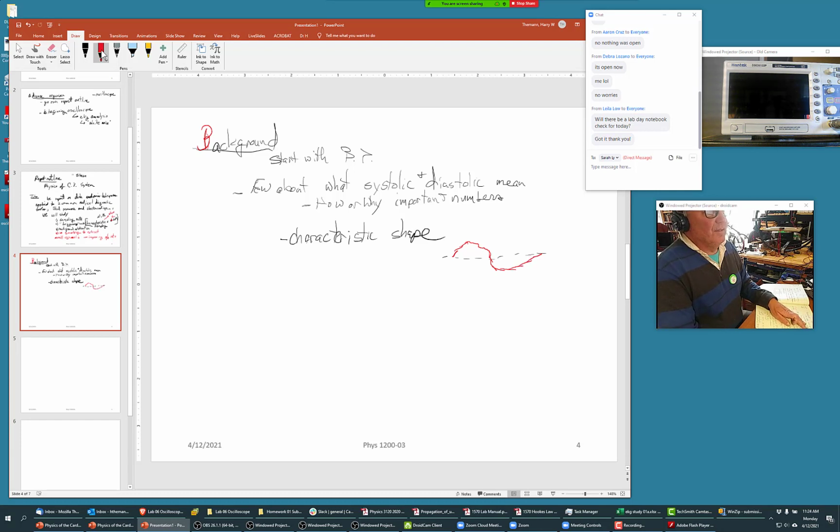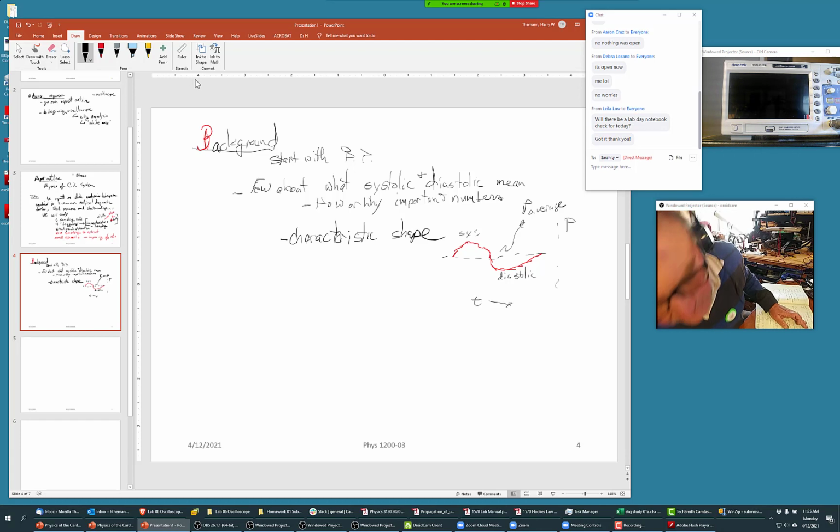And this was the pressure. So pressure is y-axis, and this is time, and then this is p average. And then we would say, this is the systolic, right? And I think this is the diastolic. All right, and I just saw that little piece of rubber tube, but I showed you the rubber tube.